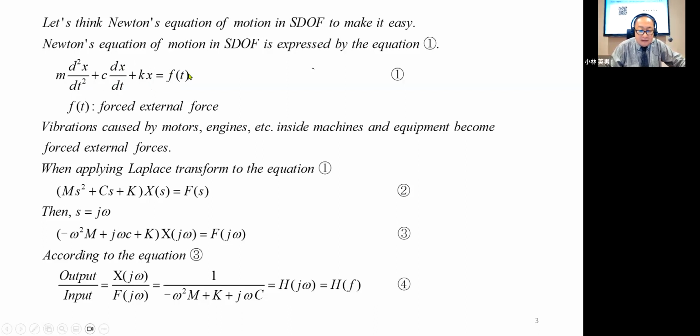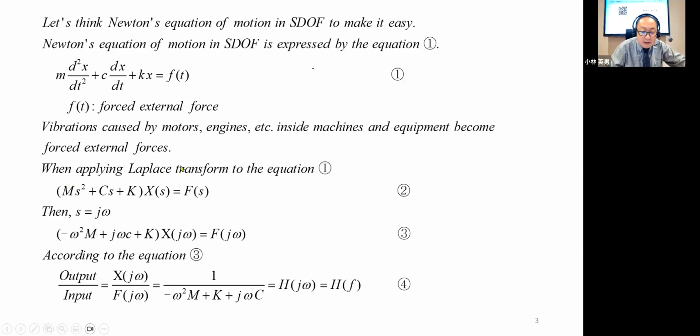And this F(t) expresses a forced external force, for example, force by motor movement or engine movement. Vibrations caused by motors, engines, etc. inside machines and equipment become forced external forces.